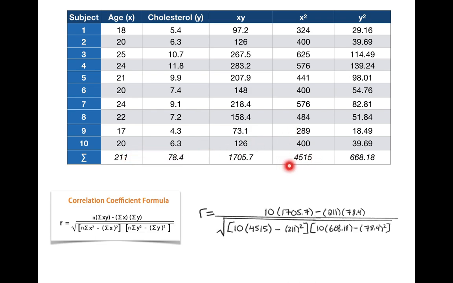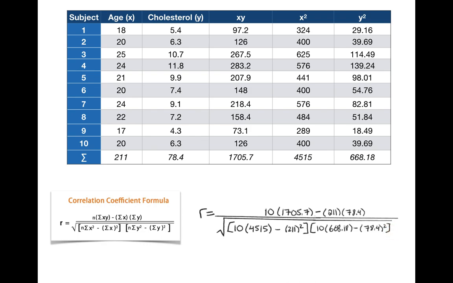So here's my sum of x squared, 4,515, minus the sum of x, 211, squared. And same thing here with my y values. 10 is my n, times the sum of y squared, 668.18, minus the sum of y, squared.